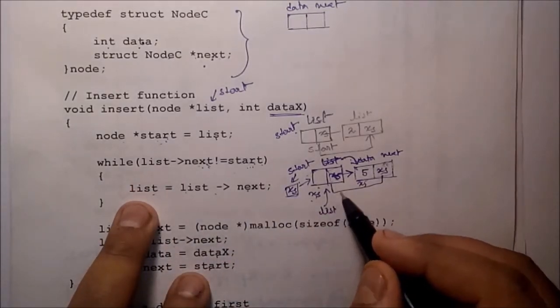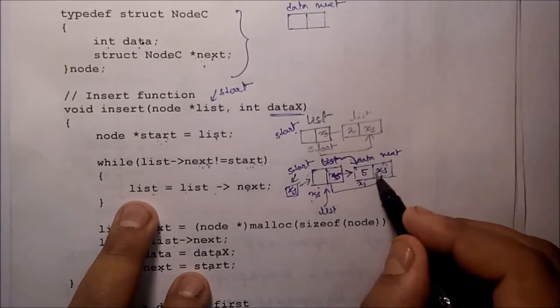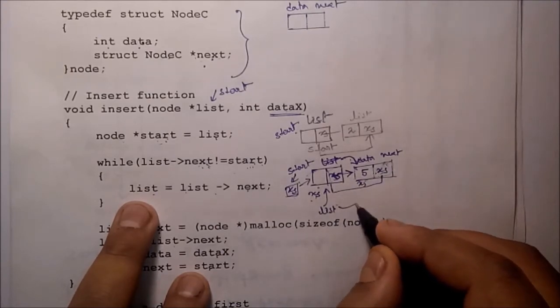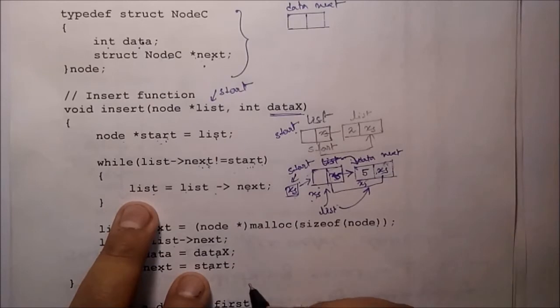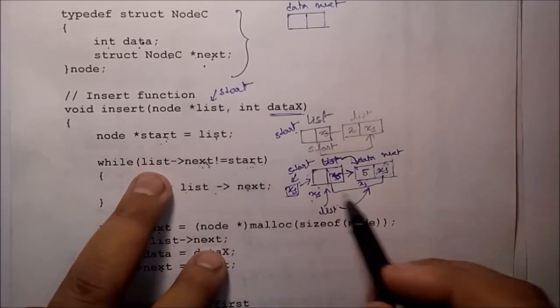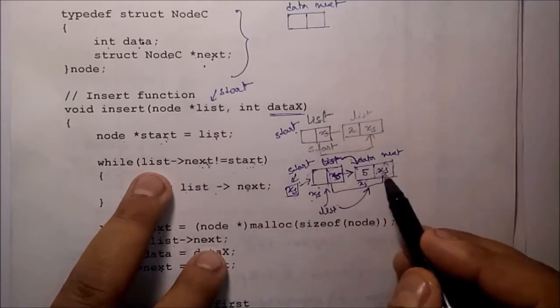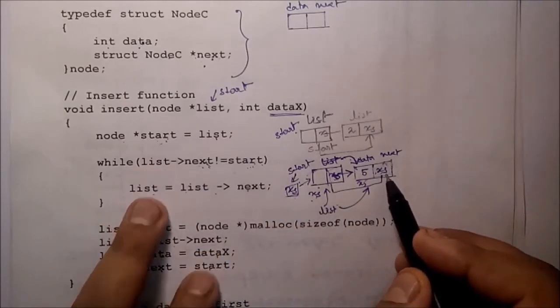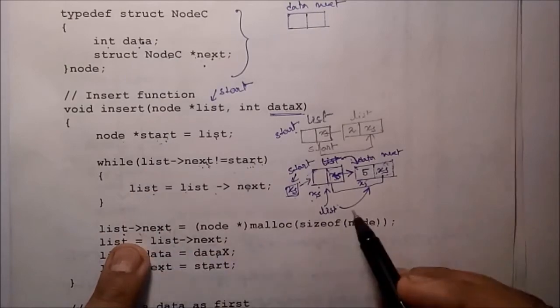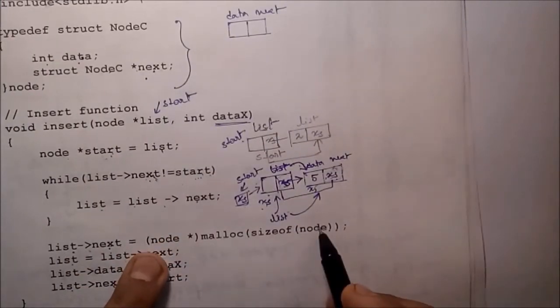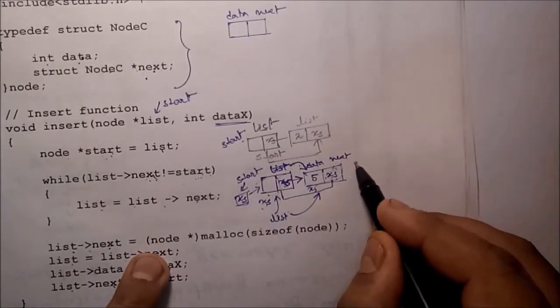Now list is this one. Now list next not equal to start, the condition is false because the address of the first node is there. Clear? Then in list next, using this particular statement, we create one memory space.